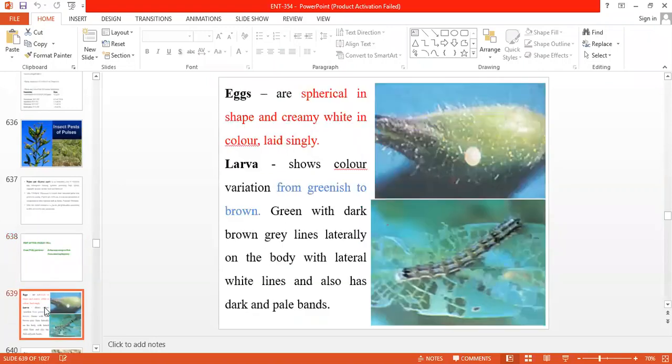First, the marks of identification. Eggs are mainly spherical in shape, creamy white in color, and deposited singly. Next, the larva shows color variation from greenish to brown, green with dark brown gray lines laterally on the body with lateral white lines, and also has dark and pale bands.